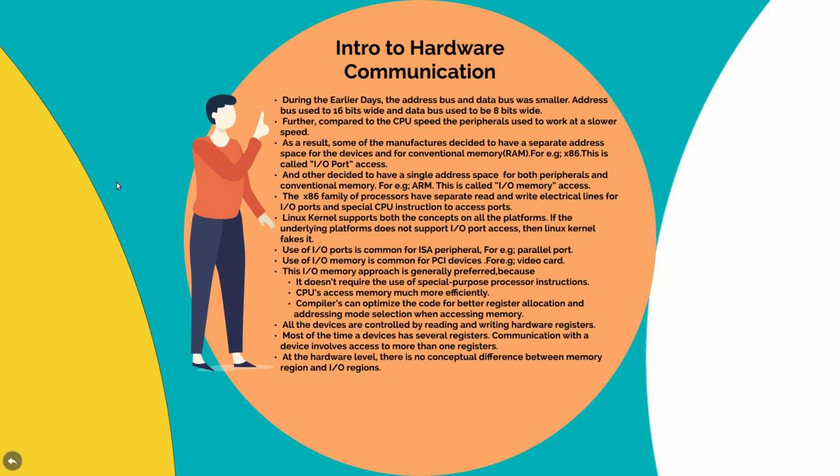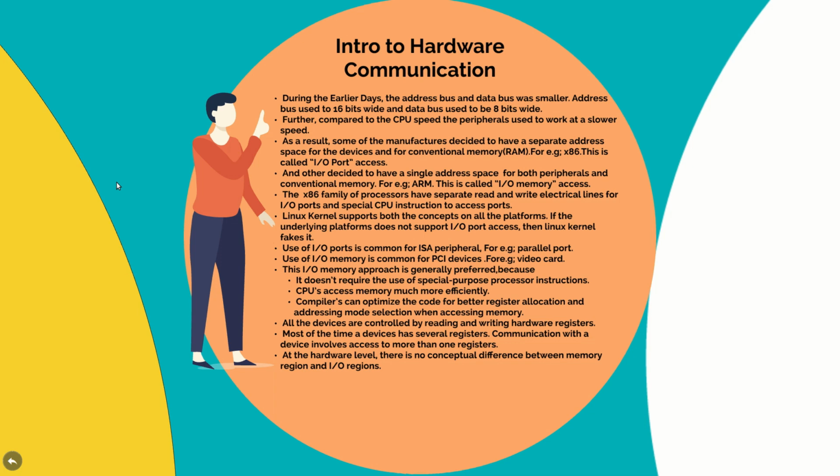Most of the time, a device has several registers. Communication with the device involves access to more than one register. At the hardware level, there is no conceptual difference between the memory region and the IO region. We will deep dive into what the memory region is and how we can access the IO region in the kernel space. So we'll go into that.